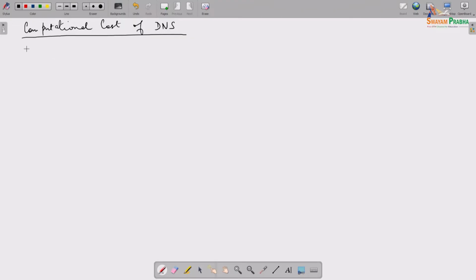Okay, so let me write the points that I just said, and then we'll talk further. Number one is the computational cost. First of all, resolution requirements.